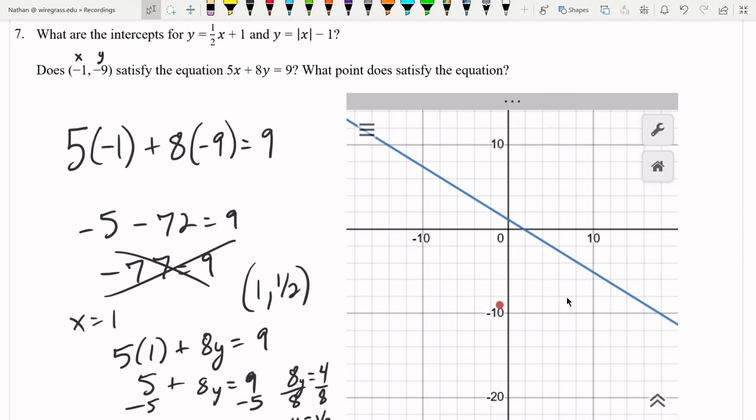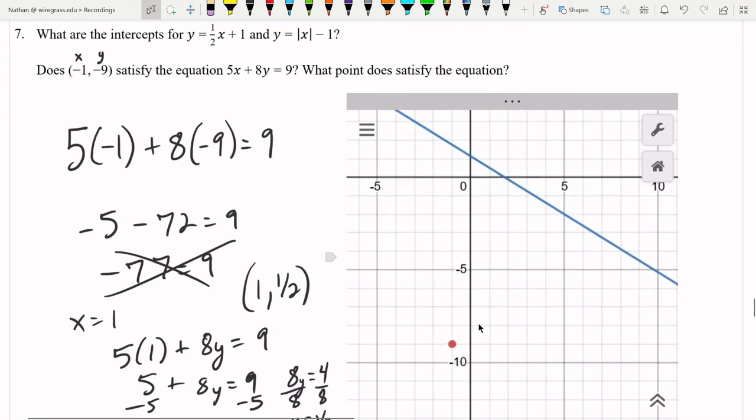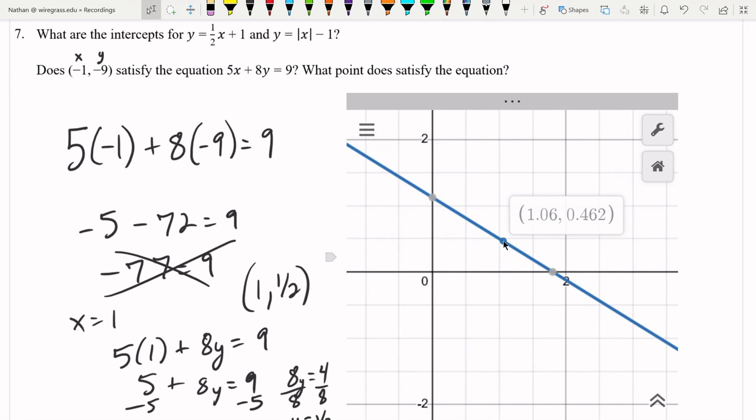And that, you can see, is not even close to the line at all. It's way off of it. That's the reason why it didn't work when we plugged it in. However, the point (1, 1/2) is right there. So (1, 1/2) does satisfy the equation because it's on the line.